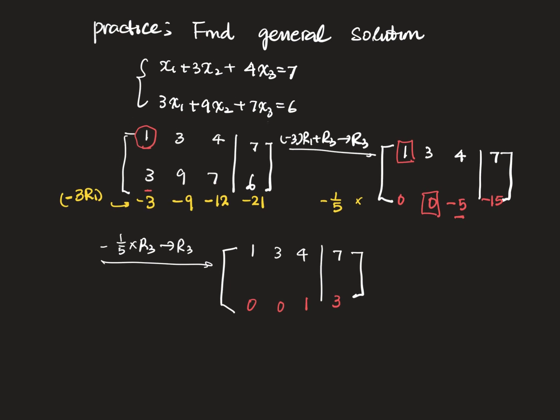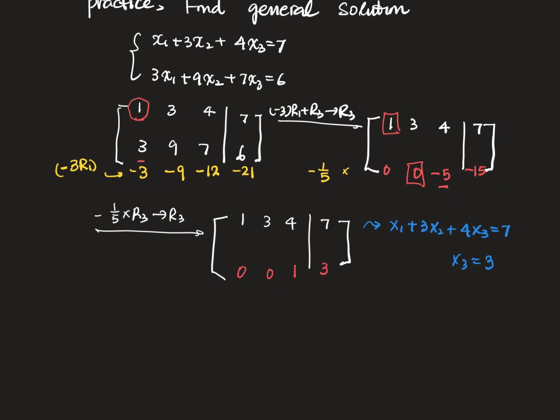Okay, let's change this to equations. So what do you have? x1 plus 3x2 plus 4x3 is 7. x3 is going to be 3. Okay, which one is a free variable, guys? You have to think about it. So here is a pivot column, the first column, the pivot is 1. That's x1.